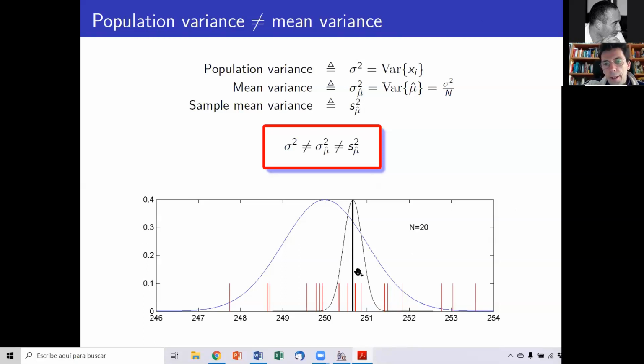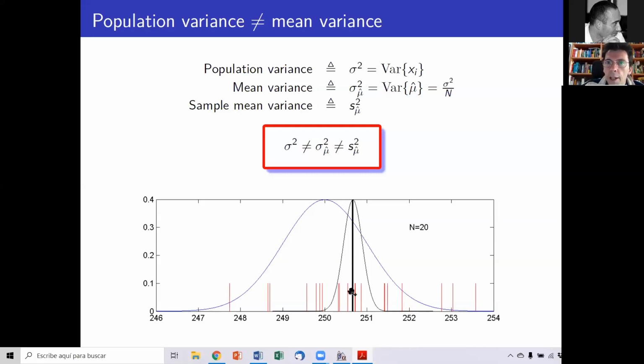So the other one is the uncertainty that I have about the mean. For instance, in this example of the tablets, the more tablets I add to the experiment, the less uncertain I will be about what is the mean of those tablets. The tablets don't change. The tablets are still as variable as they were, but my uncertainty about the mean is different.